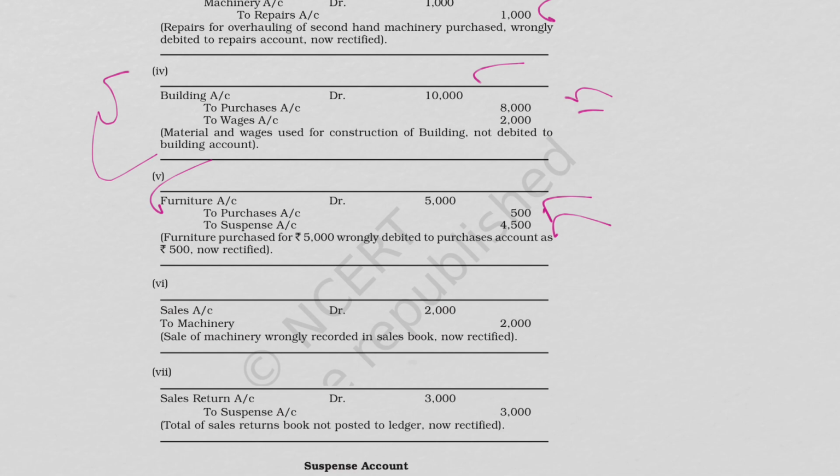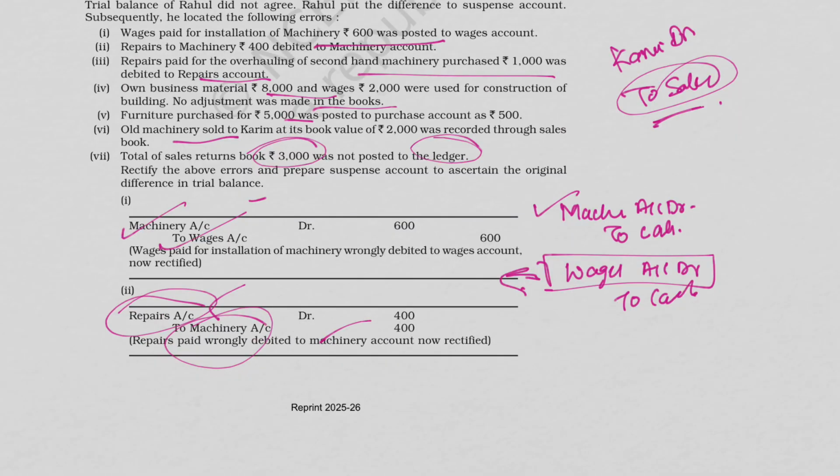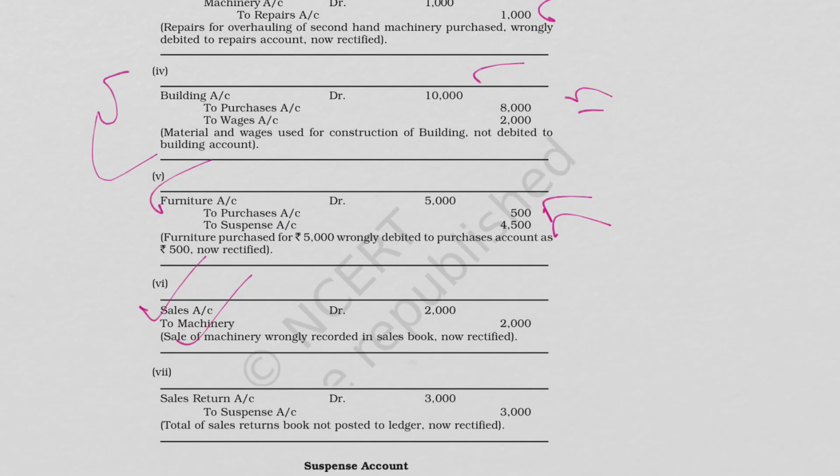So the sales will be debited, and to machinery we'll credit this. Next we have total of sales return book rupees 3000 was not posted to the ledger. So we'll record this because it has not been posted.